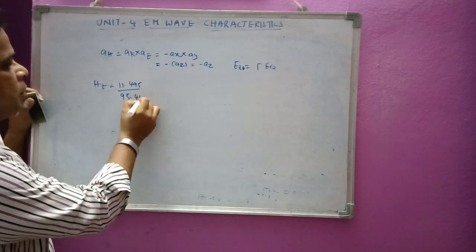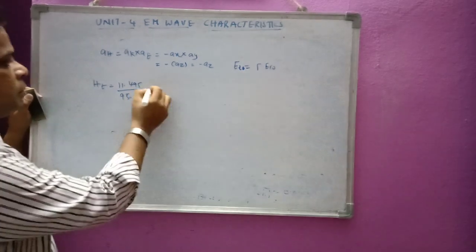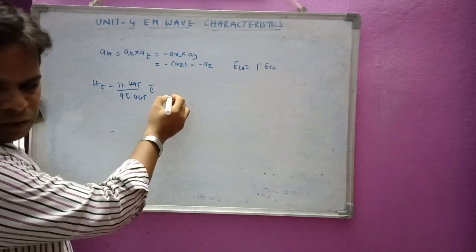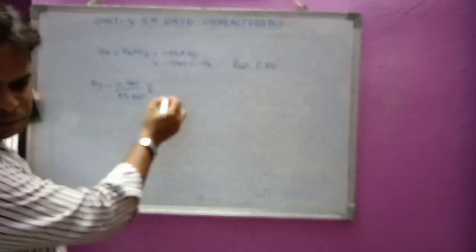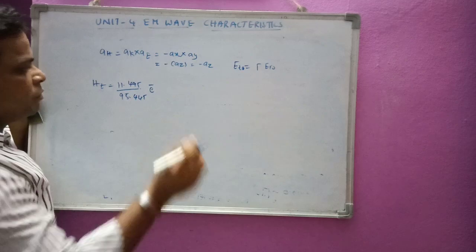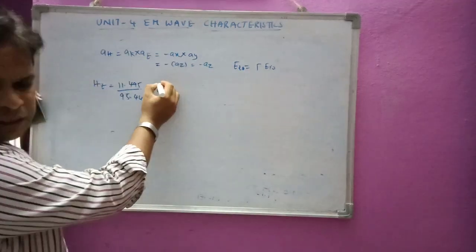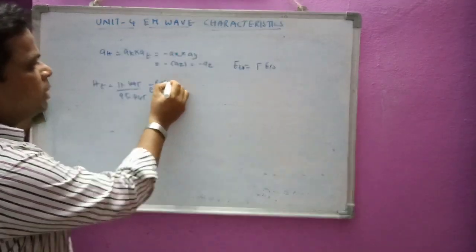95.445, that is e power minus alpha 2 x, because the wave is propagating in the x direction. The alpha 2 is 6.02 x.